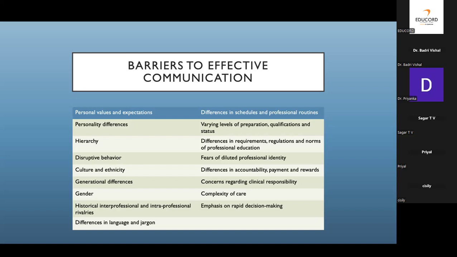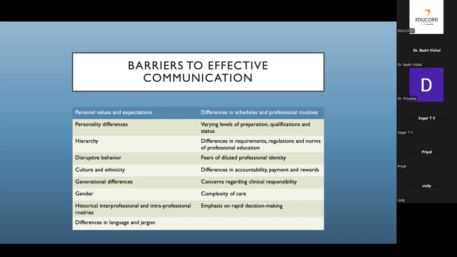Historical interprofessional and intraprofessional rivalries. These exist across multiple professions, and for physiotherapy also. Doctors sometimes say it is not required, sometimes they say it is required, sometimes they suggest yoga. Nowadays there is a rivalry between chiropractic and other kinds of therapies and classic physiotherapy.